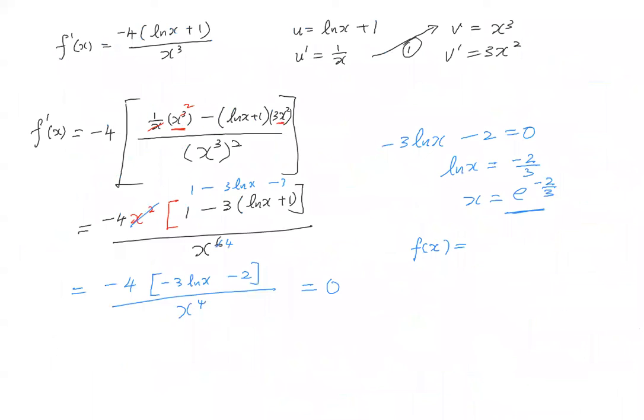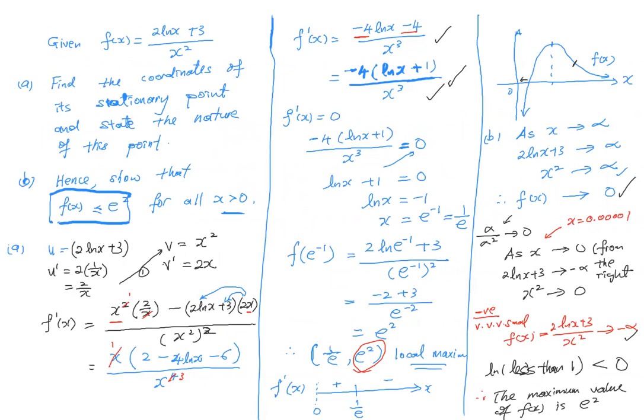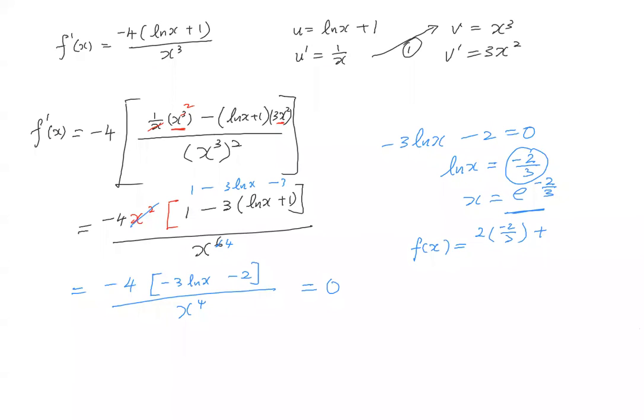When I substitute, correct? 2 ln x is this one. Okay, negative 2 over 3 plus what? Plus 3. Okay, plus 3. Then over x squared.